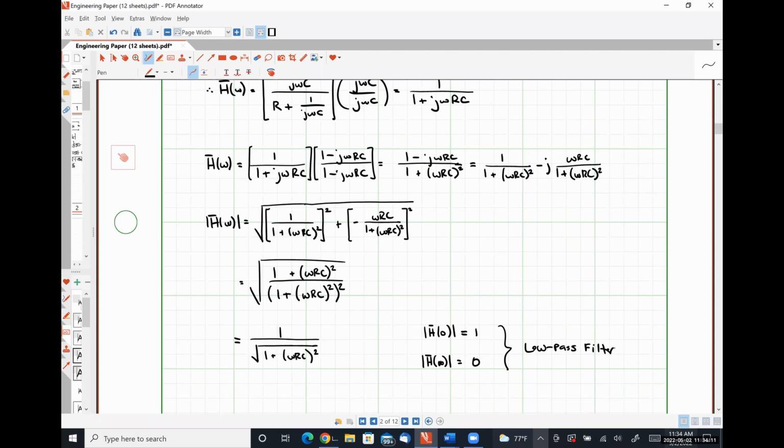Now it's useful to know what our cutoff or corner frequency is.